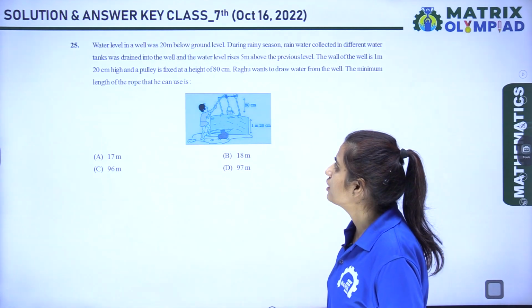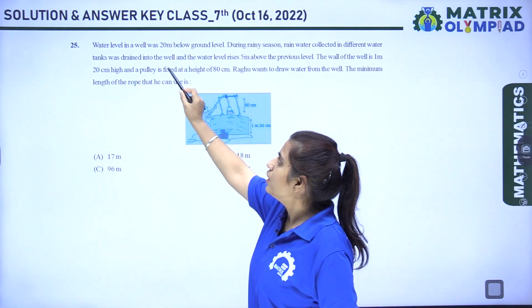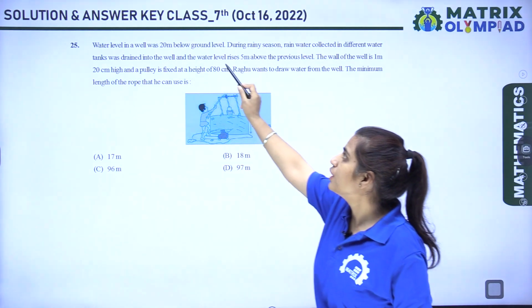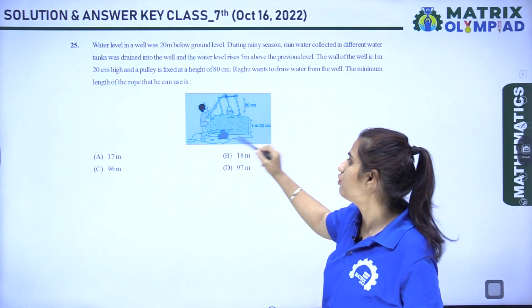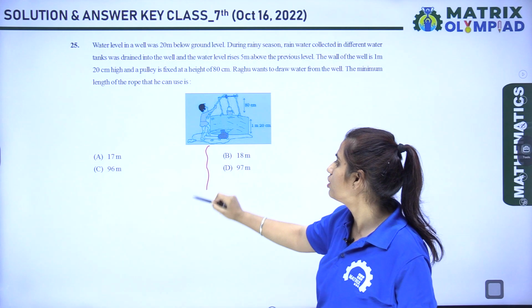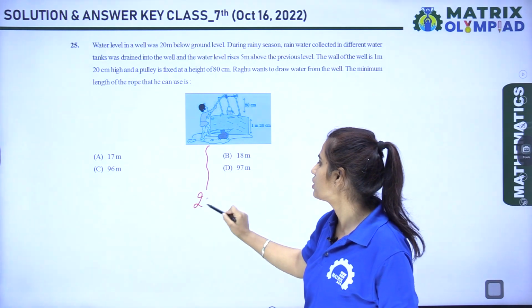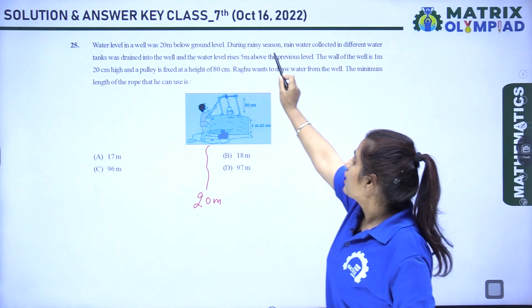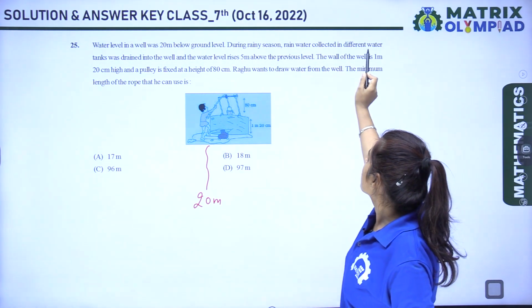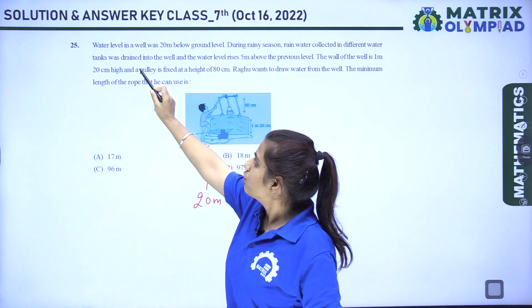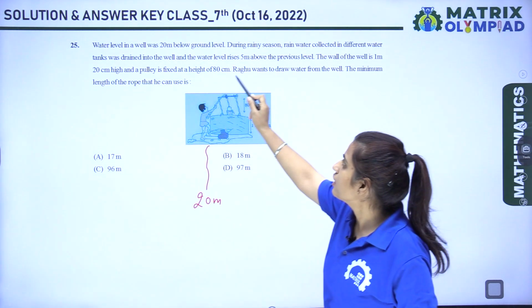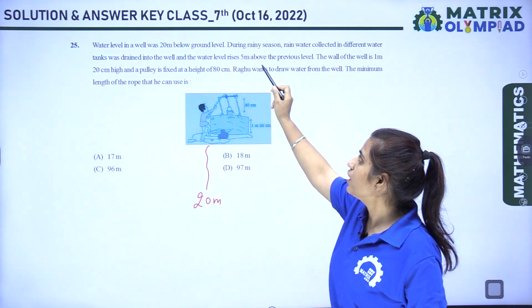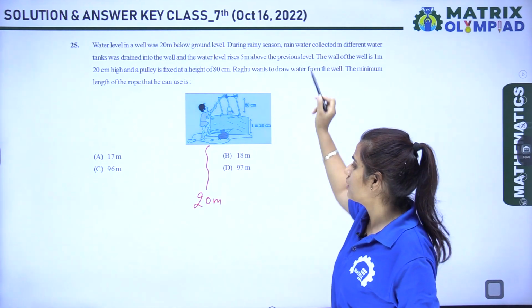Now, the next question is, the water level in a well was 20 meters below ground level. So the water level is below ground level, that is 20 meters. Now, during the rainy season, rainwater collected in different water tanks was drained into the well and the water level rose 5 meters above the previous level.